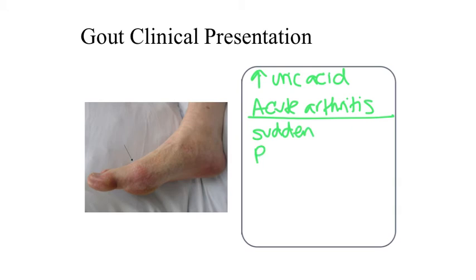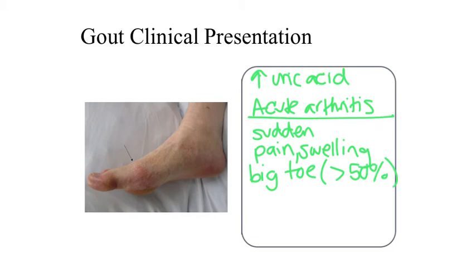And among patients with this presentation, over 50% exhibit sudden onset in the metatarsophalangeal joint, which is the base of the big toe, as shown in this image. The joint will typically be warm to the touch, very red, tender, and swollen. And there will also be signs of systemic inflammation, like elevated ESR and CRP.